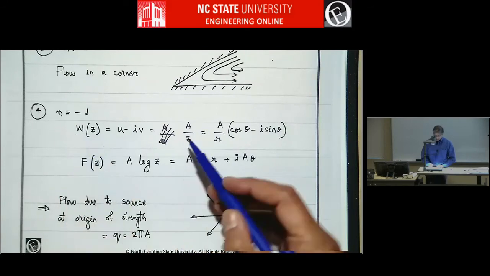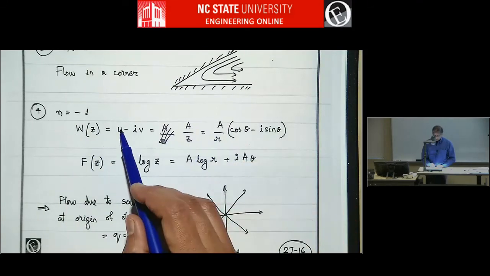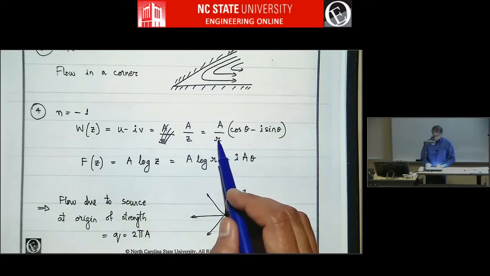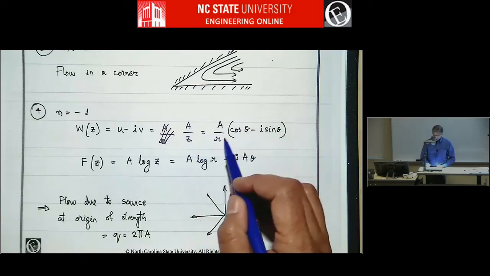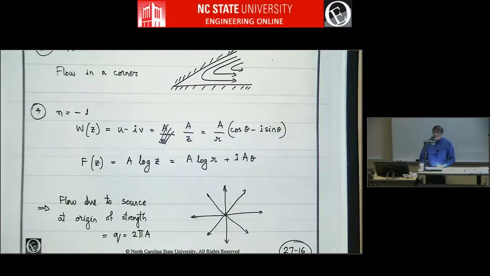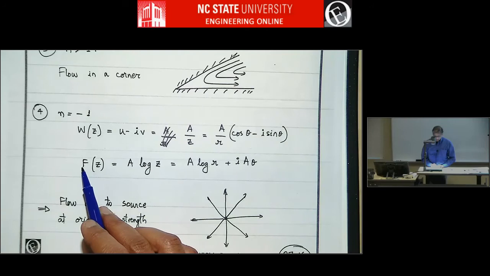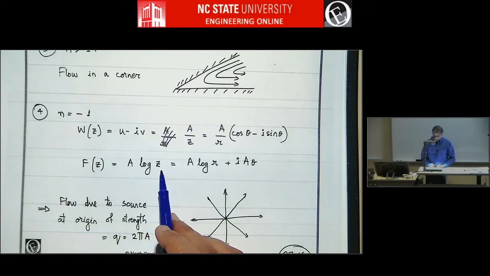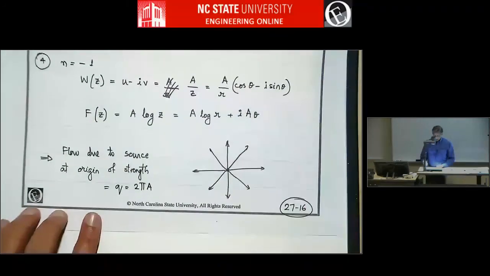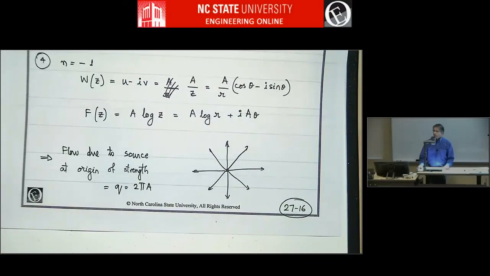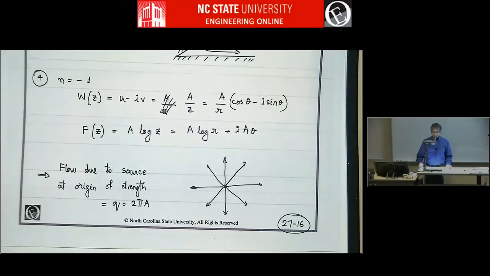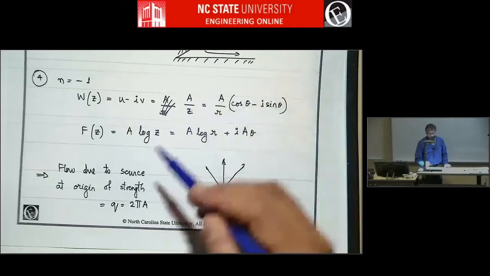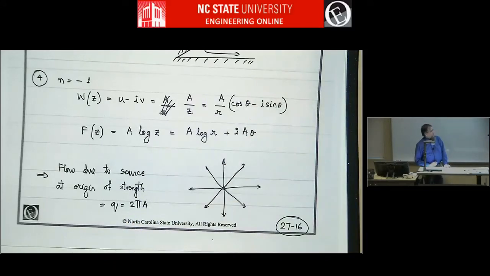So complex velocity is a over z, which is u minus iv. And z can be written as r times cosine theta plus i sine theta. If you put that together, you get this. And the complex potential is a times log z, which is this. And so this essentially becomes flow due to a source at the origin, and the strength of the source q is 2 pi a. So the a that you choose here will determine the source strength.